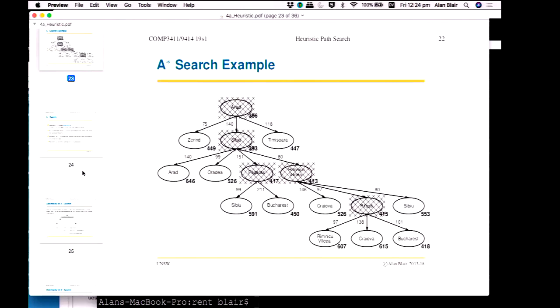Okay, so are there any questions about this A-star search? Yes? The A-star search, good question. I think it dates back to 1967.